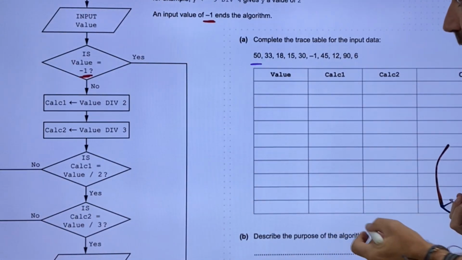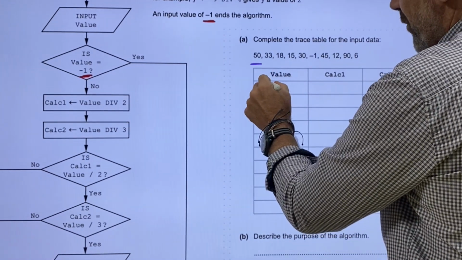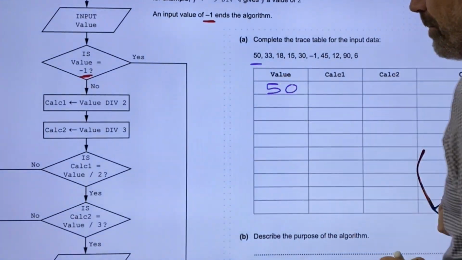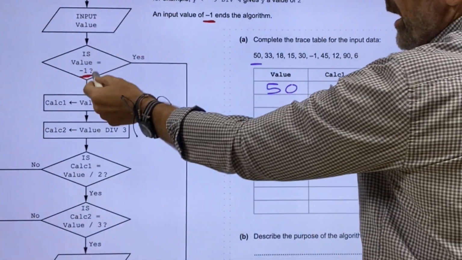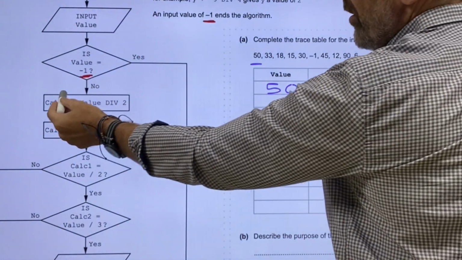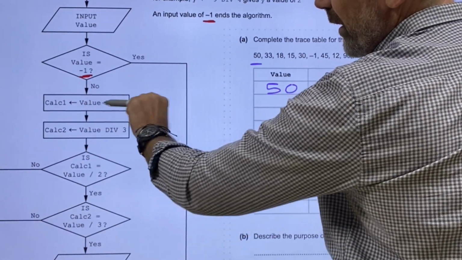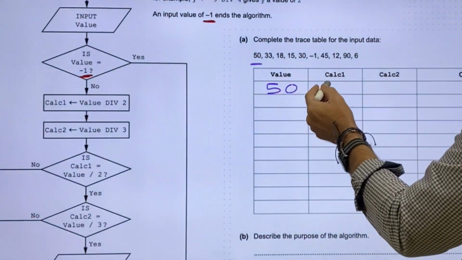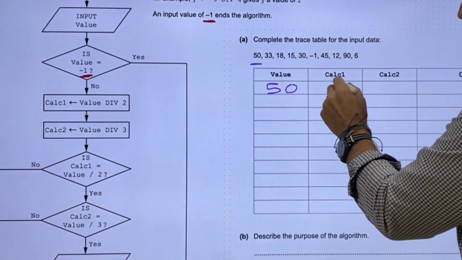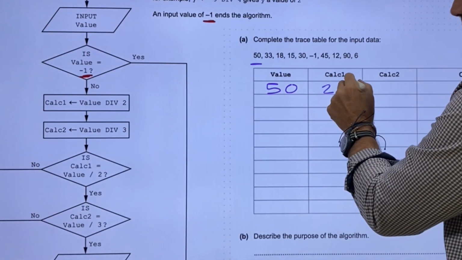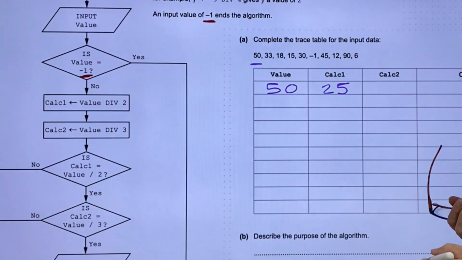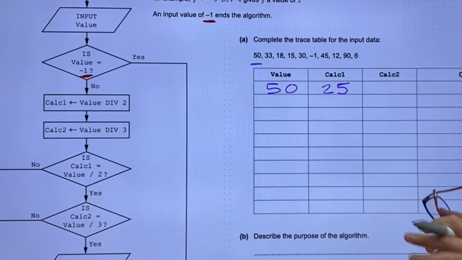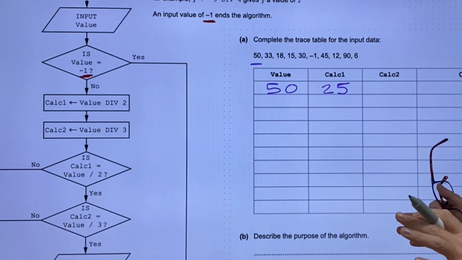For example, we're going to input the first value, which is going to be 50. So input value 50. Is the value -1? No, it's not. Calc 1 has been assigned the value divided by 2, which is going to be 25. We've divided that by 2. There's no remainder, but we don't need to worry about the remainder.